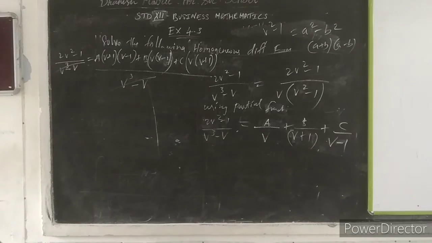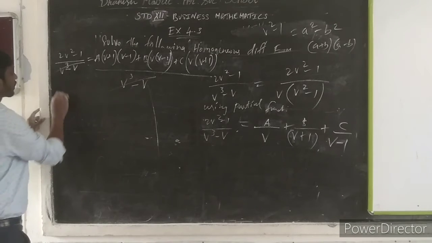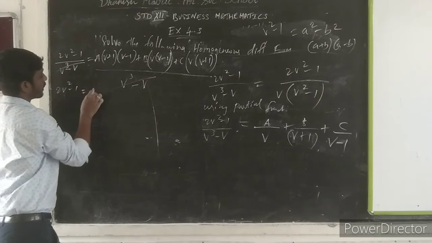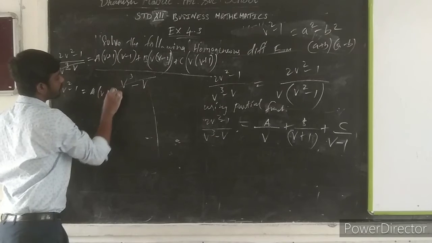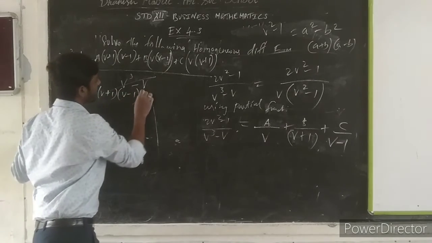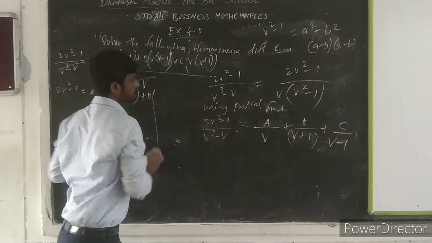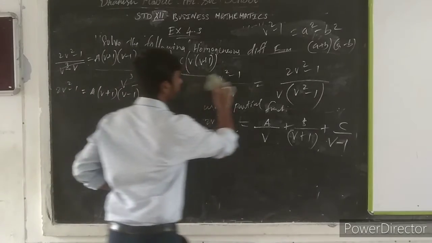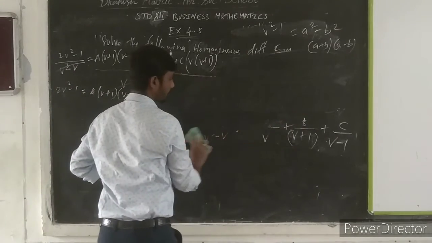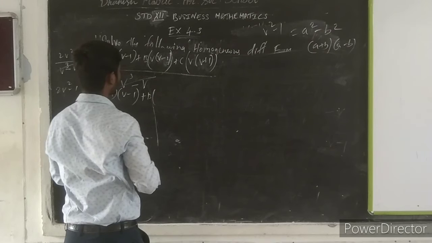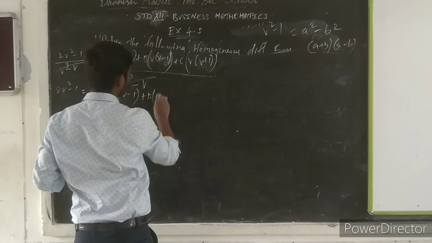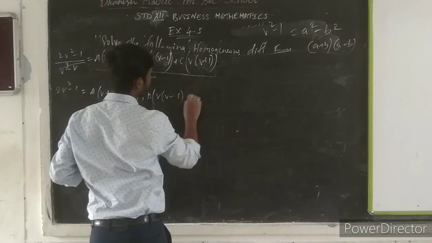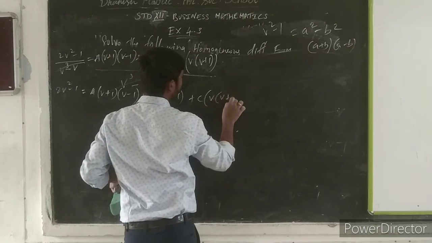So cancelling the denominator on both sides, 2v² − 1 = A(v + 1)(v − 1) + Bv(v − 1) + Cv(v + 1).